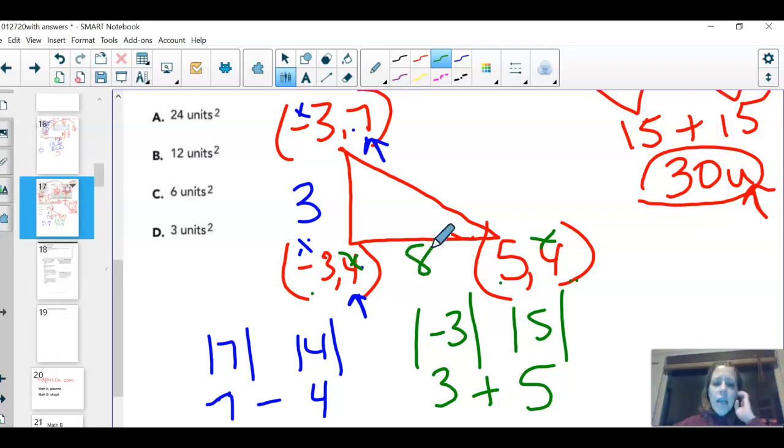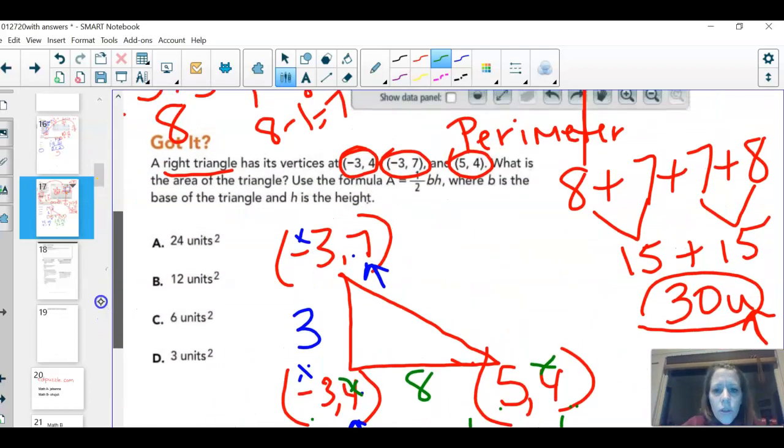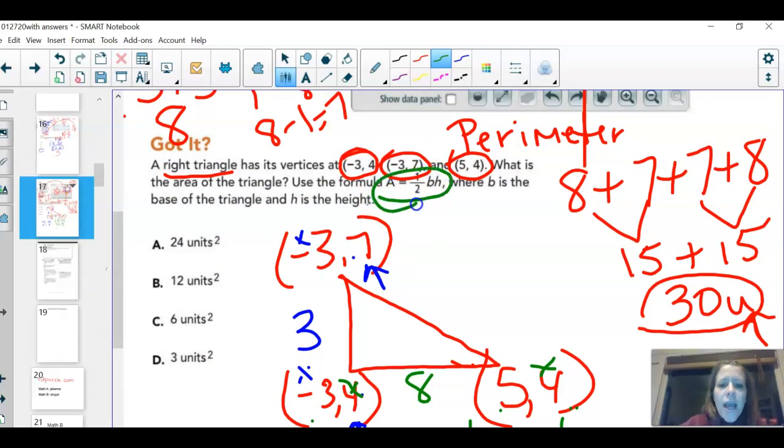So I have 8. So now I would think, oh, maybe I'll multiply them. That's what I did on the other one. En el otro problema, nosotros estuvimos multiplicando. But this was a rectangle, pero este es un rectángulo. I need to use what the problem tells me. 1/2 base times height.